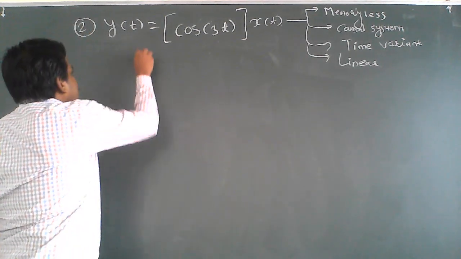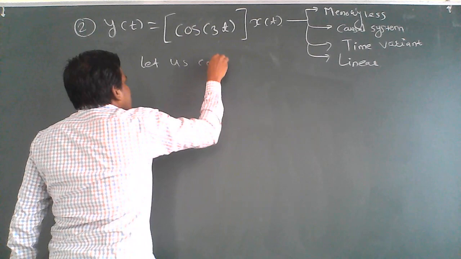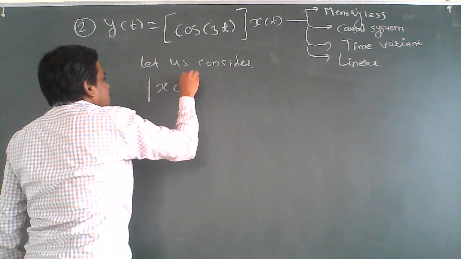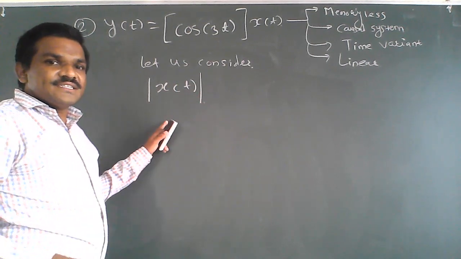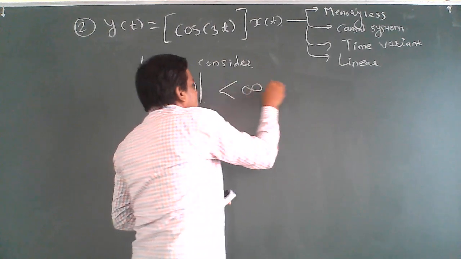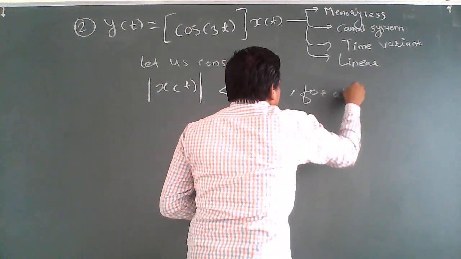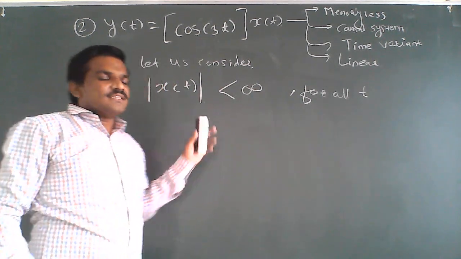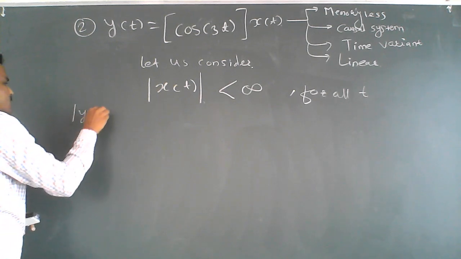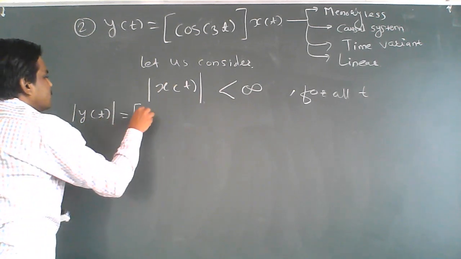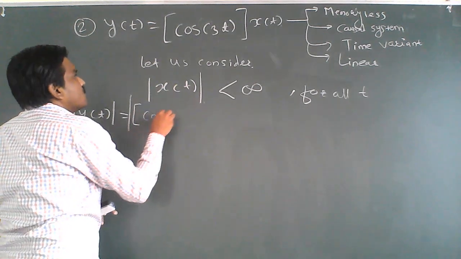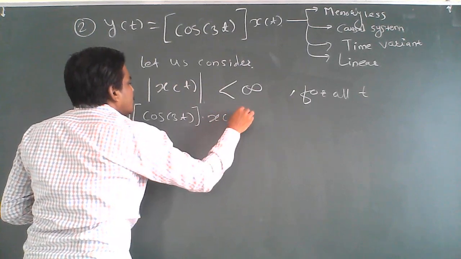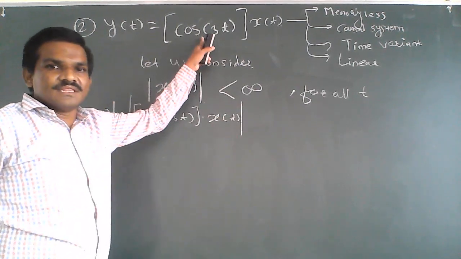So let us consider mod of x of t is less than infinity for all t. Then what is y of t? Mod of y of t is nothing but mod of cos of 3t into x of t.